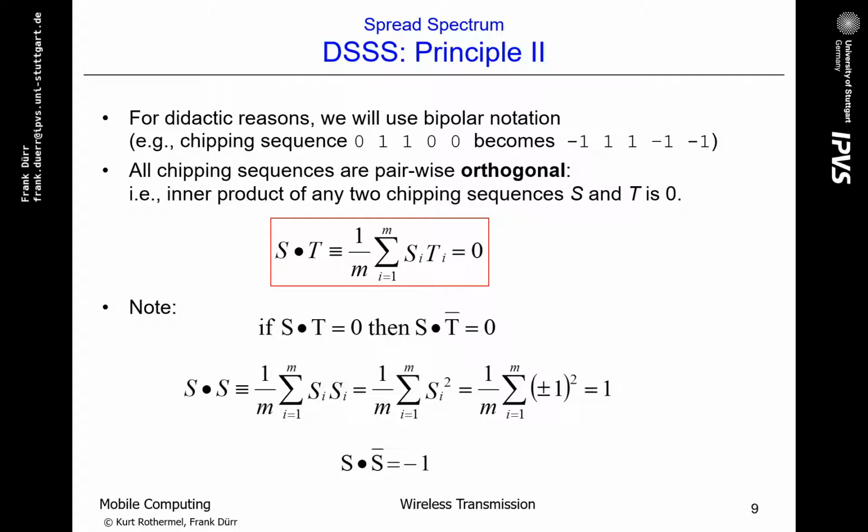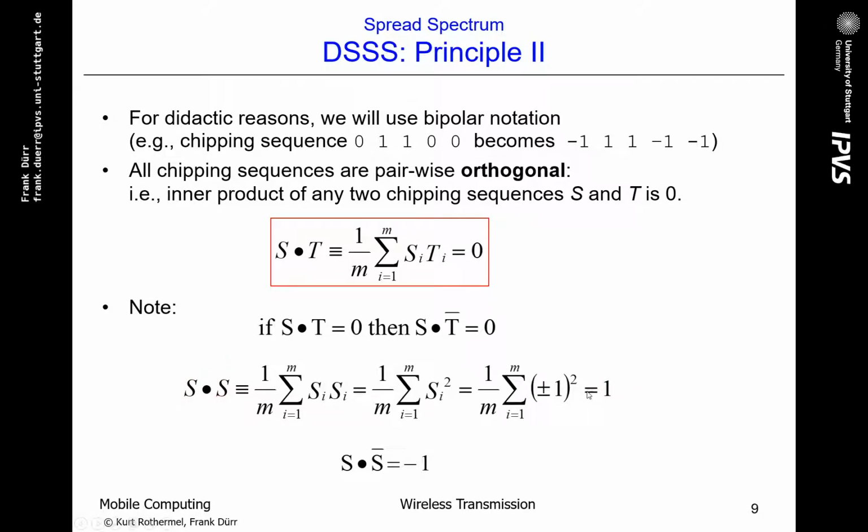So we always have minus 1 as a result of this multiplication here. Then in the end we would sum up m times minus 1. Okay, what is m times minus 1? It's minus m. Okay, if we divide minus m by m, what do we get? Minus 1. So minus m divided by m is minus 1. So that's the third observation to make. If you multiply s by the inverse of s, we get minus 1. Second observation to make was if you multiply s by s, we get 1.